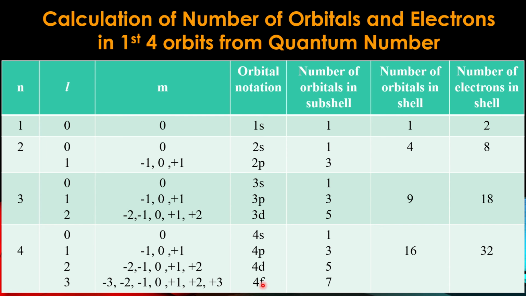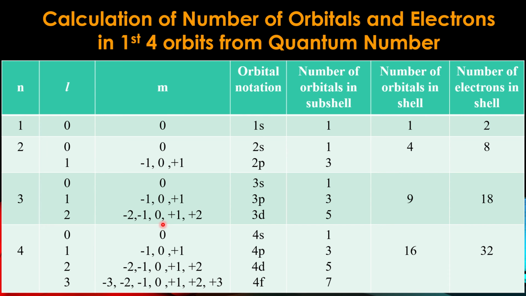So, this is F type orbital. And fourth shell, this is 4f. In 4f orbital, how many orbitals are there? M has 7 values. So, there are 7 orbitals. And from there, we get total orbitals 16 and total number of electrons 32. This is calculation of number of orbitals and electrons by using quantum number.